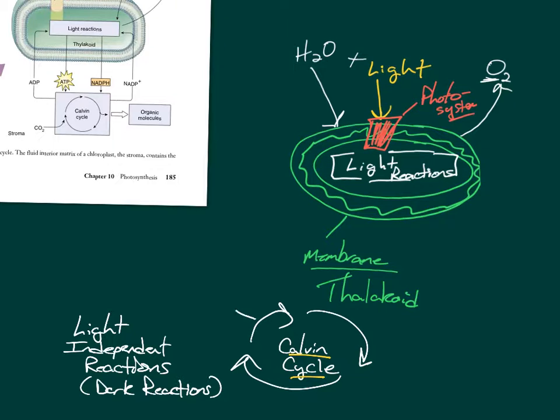So out of the Calvin cycle comes ADP. If you have ADP, you probably used an ATP, right? What do you think you used ATP to make in the Calvin cycle? You used energy, right? That's what ATP is doing. You used it to make what? Where did you put that energy? Into what molecule?